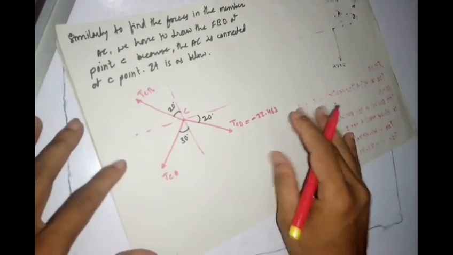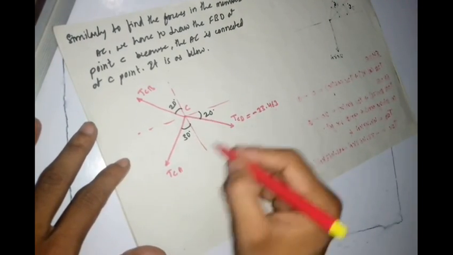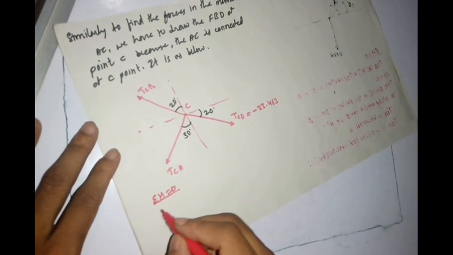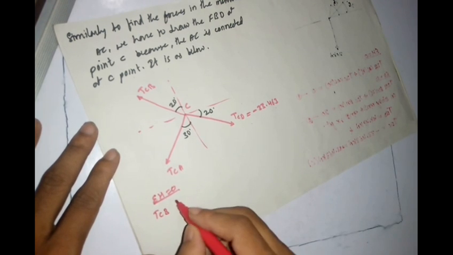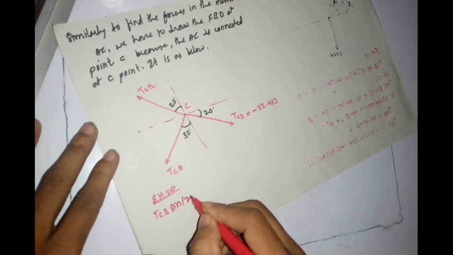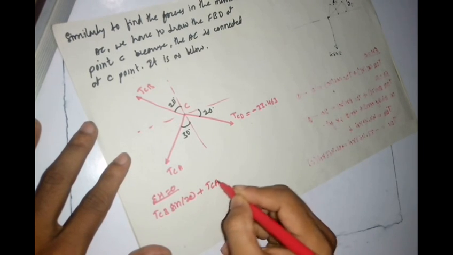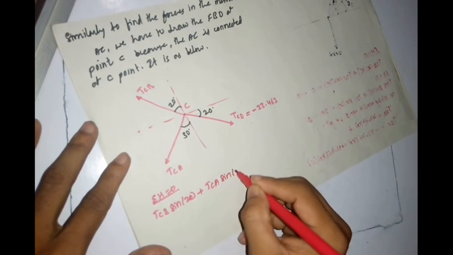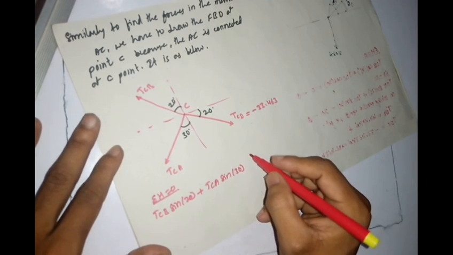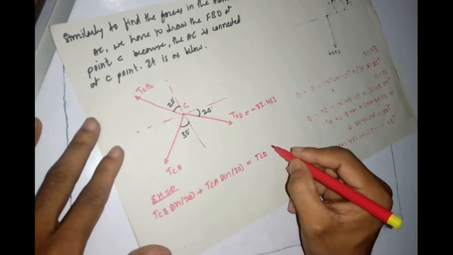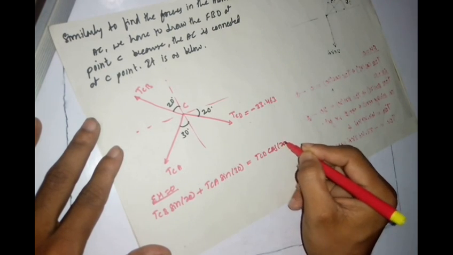Now resolving the forces along horizontal and vertical, summation of H equals 0 gives TCB sin 20 plus TCA sin 30 is equal to TCD cos 20.